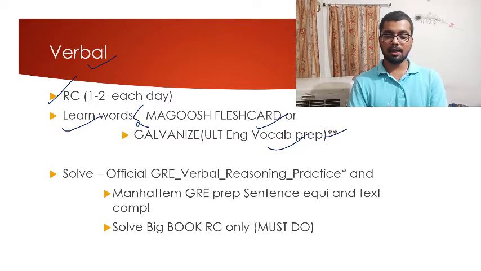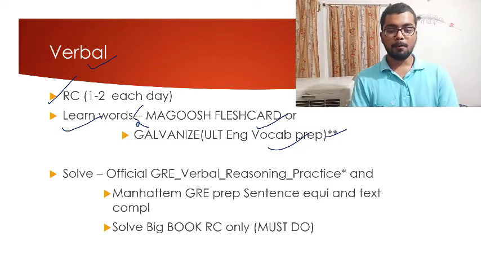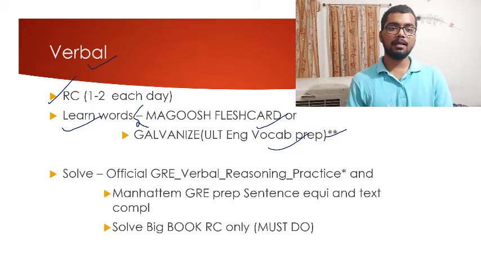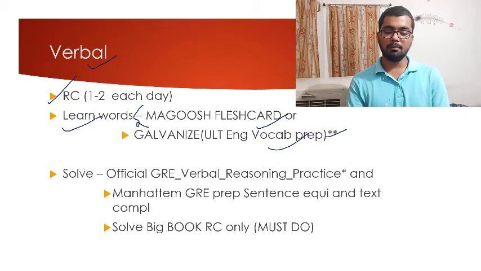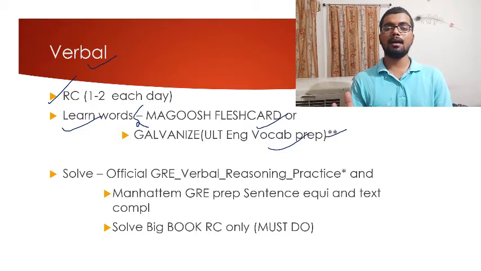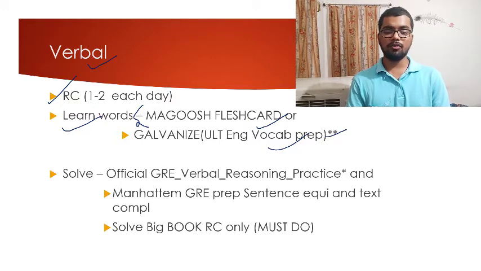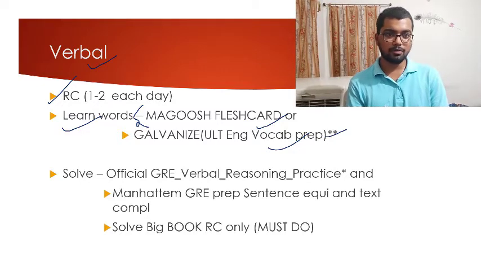Both are great applications, and I recommend that before going to the GRE you learn approximately 800 to 900 words. I often hear that you have to learn approximately 2000 or 3000 words before going to the GRE.